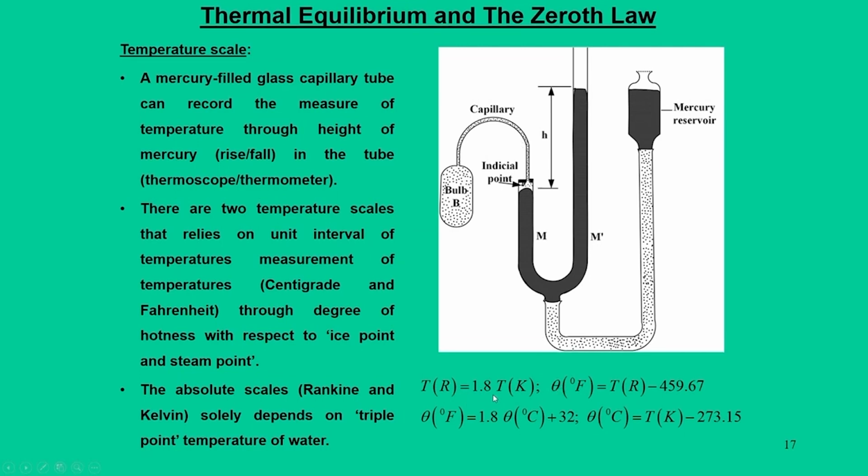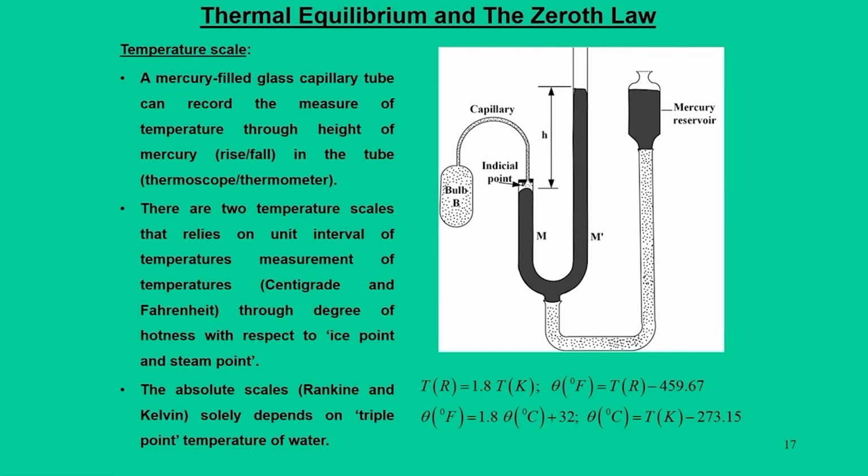The Kelvin scale refers to the absolute temperature, where the view was that it is referred to the absolute zero temperature, and at that temperature all the reference coordinates of temperatures were calculated. When you say centigrade scale, it assumes that we have an ice point and a steam point.